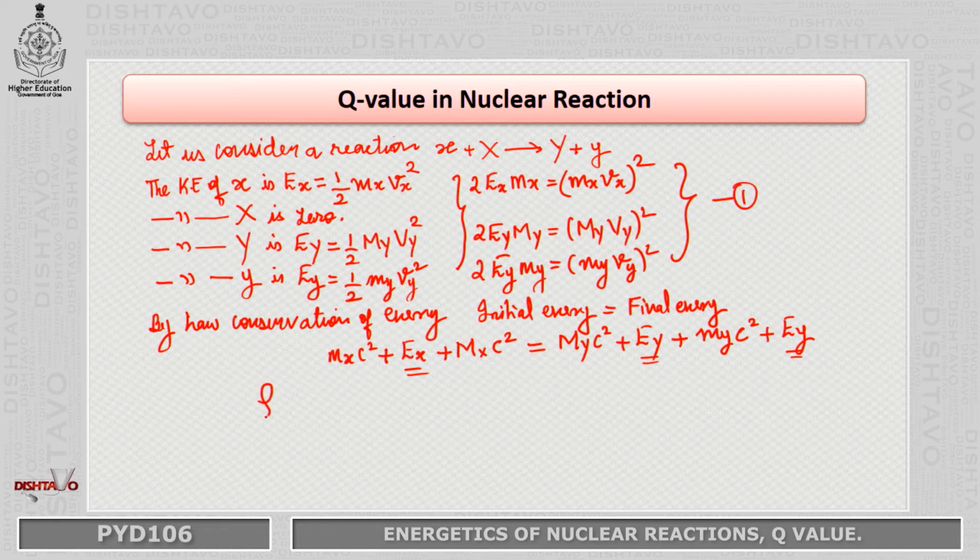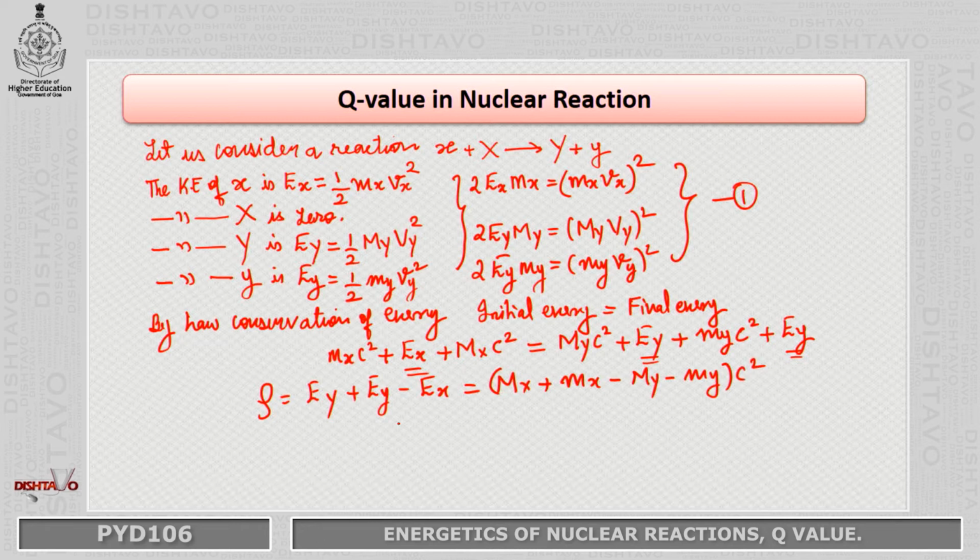So the Q value is going to be Ey plus E subscript small y minus Ex, and if we adjust for this from this particular equation, we'll take this that side and the rest of the terms will come here, so it will be mx plus small mx minus, now this term will take it there, this term will take it there, so that will be my minus small my into c square is the common.